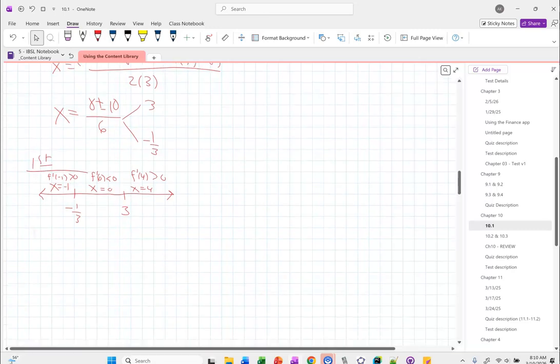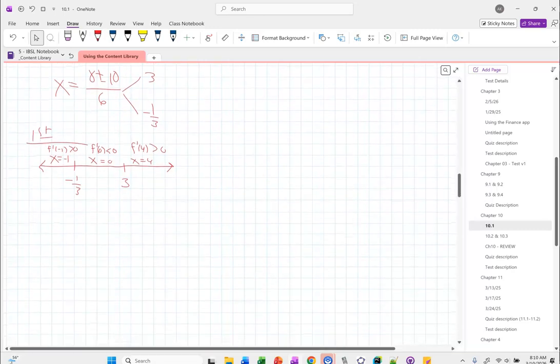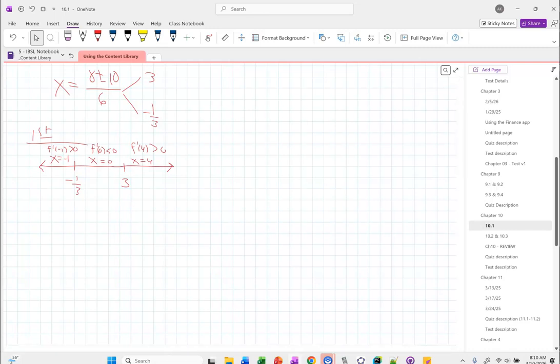All right, so the negative 1/3 goes from increasing to decreasing. What's that mean it is? Maximum. Again, if you draw yourself a little picture, increasing to decreasing. 3 goes from decreasing to increasing. What's that mean?